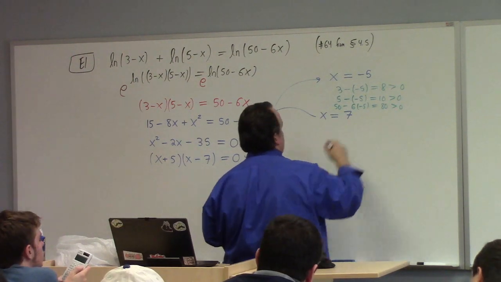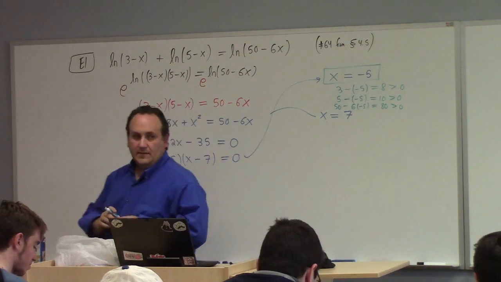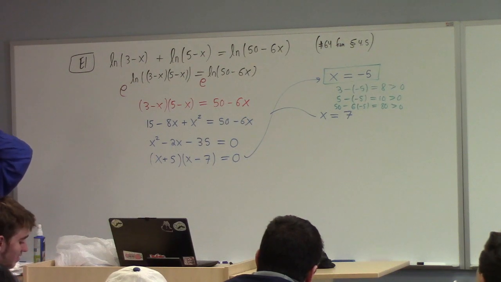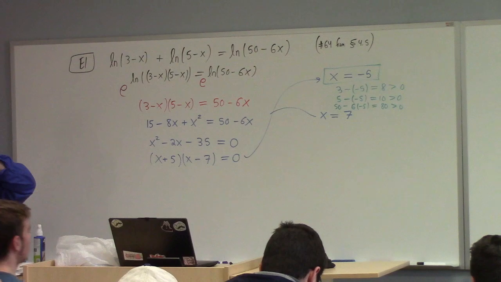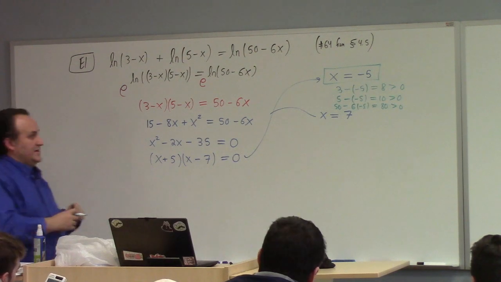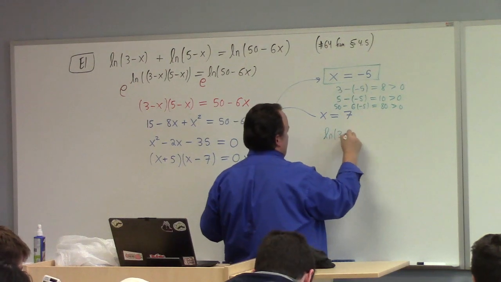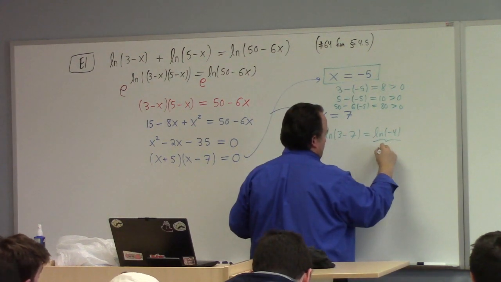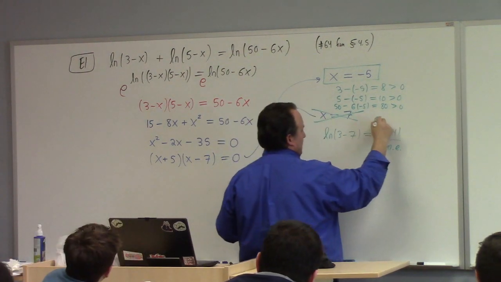So in short, that works. I don't have any trouble with the natural log of a negative number on that one. But how about x equal to 7? x equal to 7 we have to throw out, because there we get natural log of 3 minus 7, which is the natural log of minus 4. This does not exist. So that one is extraneous.